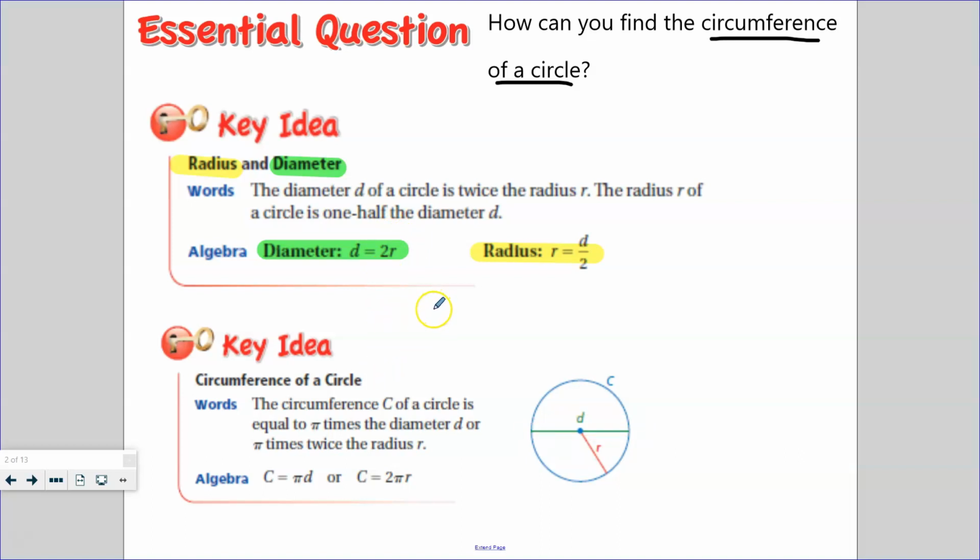Okay. And then the circumference of a circle. If you watch the Greek math video that we did, you saw how possibly they discovered the circumference, the distance around the Earth. So another word for circumference is the distance around, right?